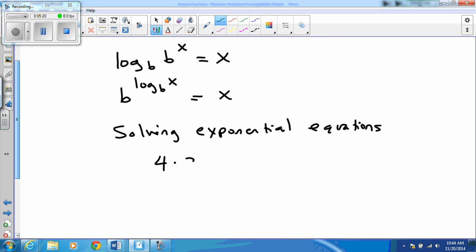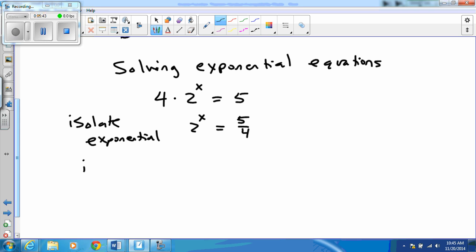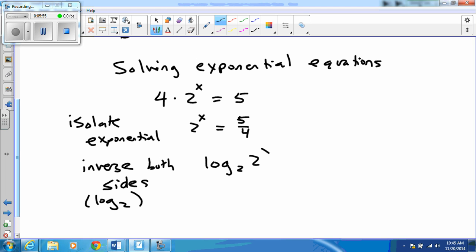For example, if I have 4 times 2 to the x is equal to 5, and I want to solve this equation for x, then I'm going to proceed by isolating the exponential, by dividing both sides by 4. And then canceling the exponential by taking the inverse of both sides, that is log base 2.